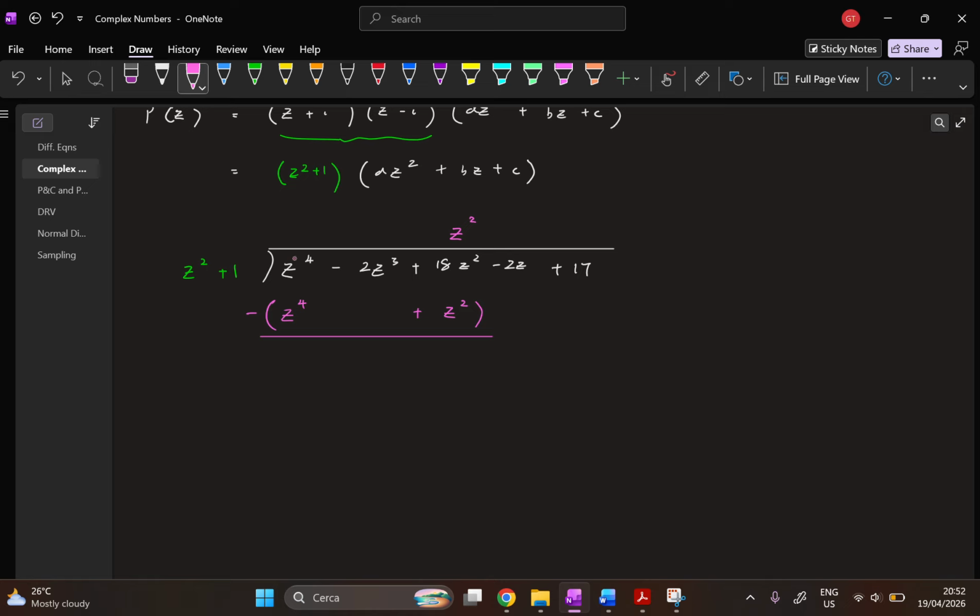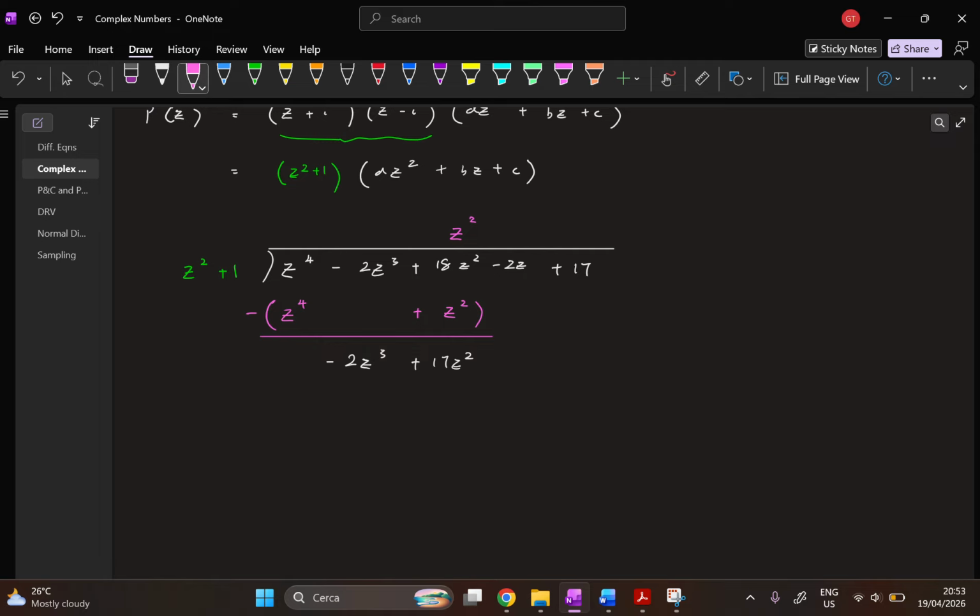Anyway, so z4 minus z4, 0. This one carry down. This one, 18z squared minus z squared. I still have plus 17z squared. Okay, next term. I want something times z squared to eliminate my minus 2z cubed.